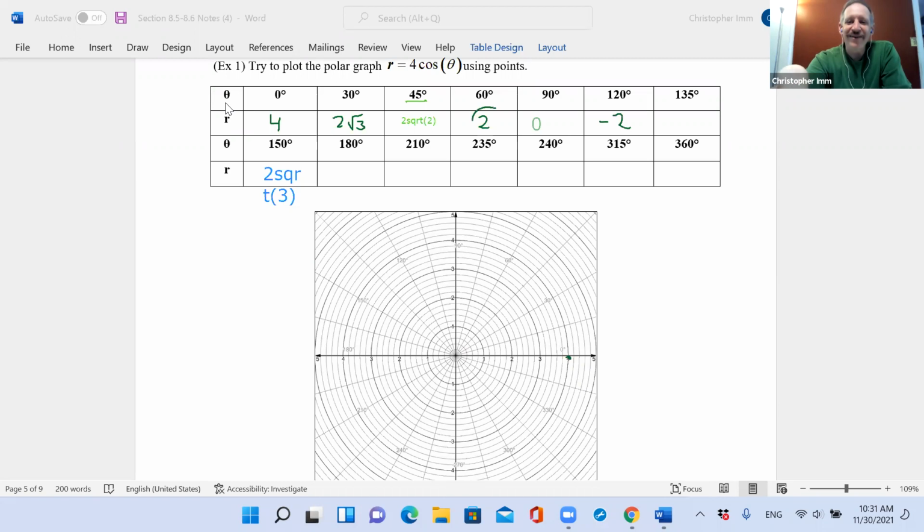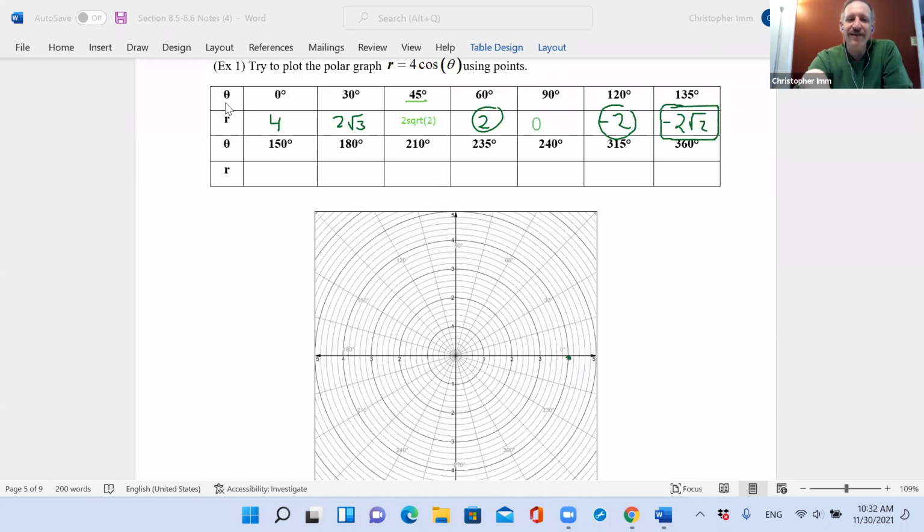So notice the symmetry here. That's just in quadrant 2. Who had 135? I'm not very confident in my answer, but I got -√2 over 2. Yeah, so it's -√2 over 2 times 4. So that'll be -2 square root of 2. Yeah, that's perfect. So again, you can sort of see the symmetry here.